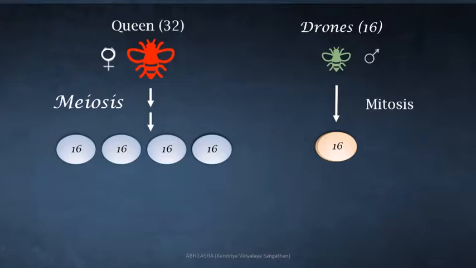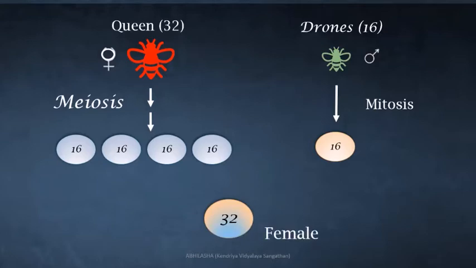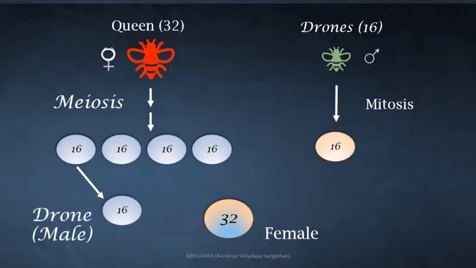Now, if the male gamete fertilizes the female gamete, the chromosome number is again 32, which is diploid, so a female is born. This female can be a worker or a queen. But if the egg remains unfertilized, a male or a drone is formed. So, if you see, the male is born without a father through parthenogenesis.